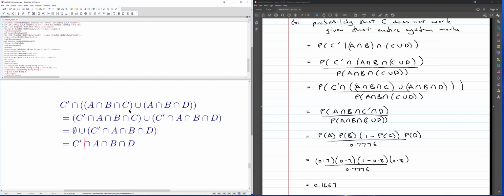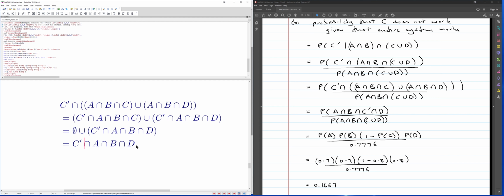Now notice inside this first intersection, you're intersecting C with C complement. C intersected with C complement is the empty set, and once you intersect anything else with the empty set, you just get the empty set. So this first event is an empty set. Then this one just comes down, and the union of an event with the empty set is just the same event.